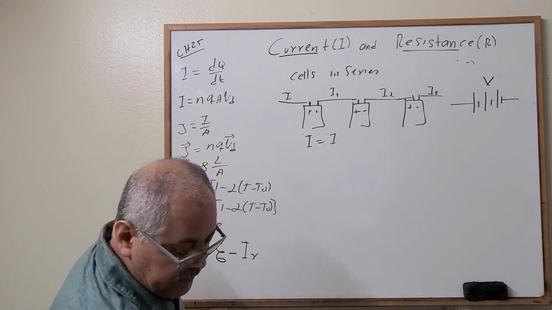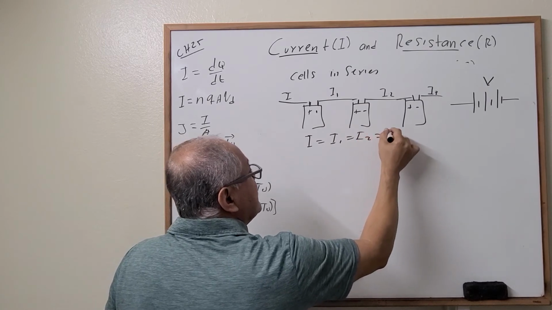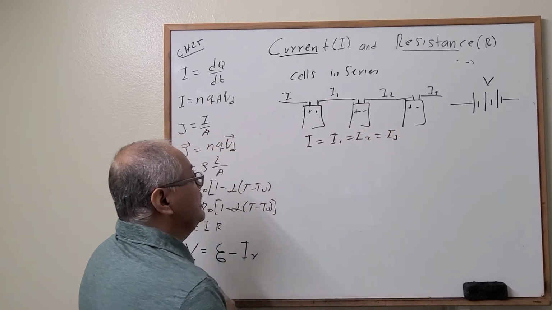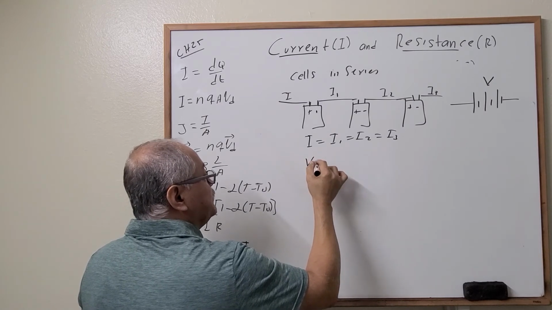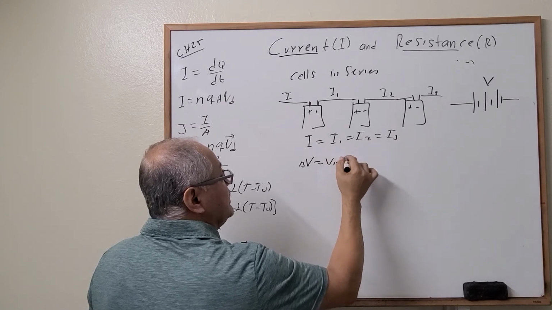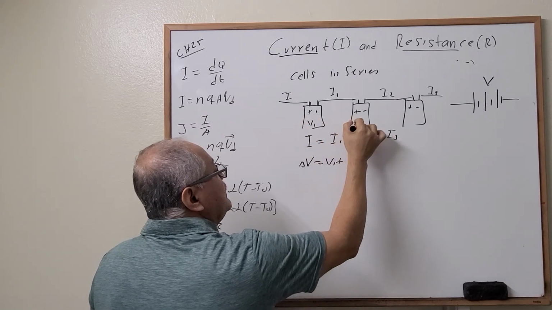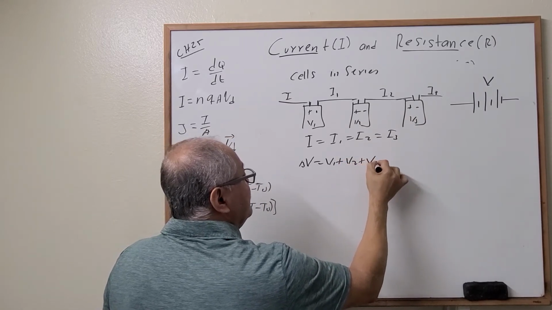So the current is the same when we connect these batteries in series, but the voltage is not the same. The voltage is equal to the sum of all the voltages: V1 plus V2 plus V3.